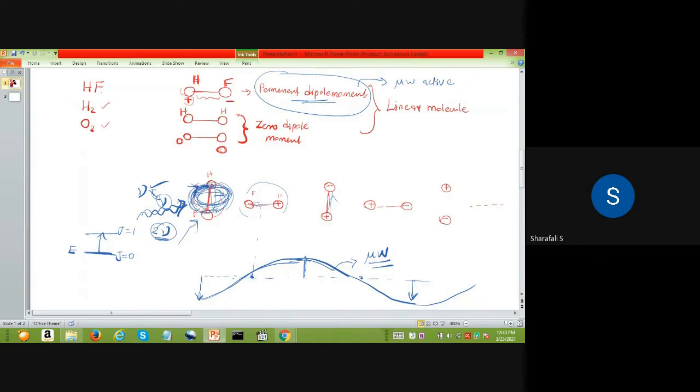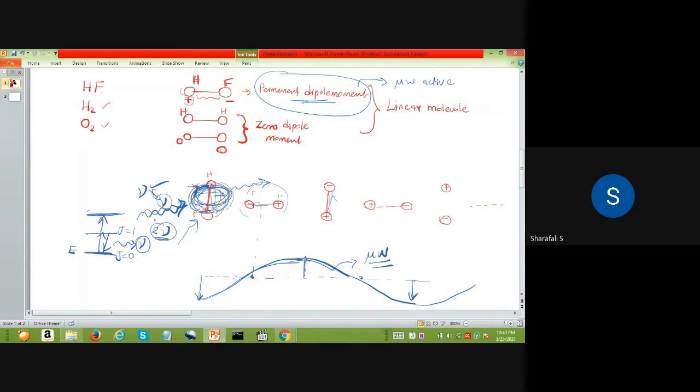It absorbs that particular frequency and goes to the higher energy state. In the same fashion, it can reduce its frequency of rotation by emitting some frequency. So when it comes back, it also emits frequency. That is the basic action.